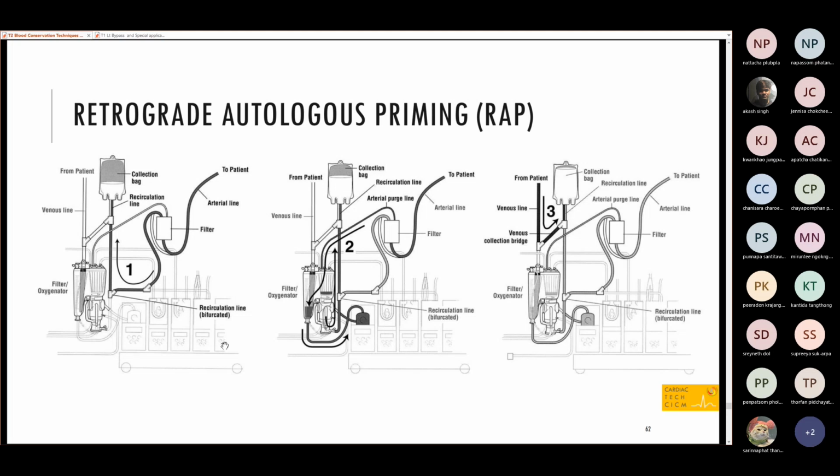To make it clearer, or maybe more confusing, I'm not sure, here is the same thing. Now we have the arterial line here, and here is the arterial filter, and here is a pump.